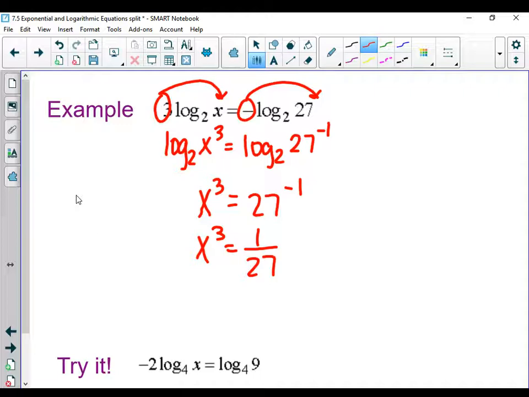And if I take the cube root, it's what? 1/3. Okay, so that is if we want to pull those numbers up as exponents, okay?